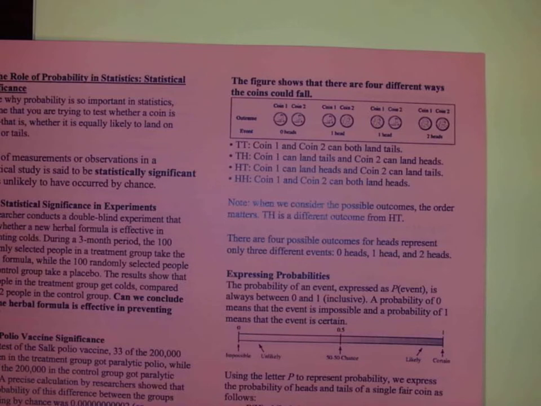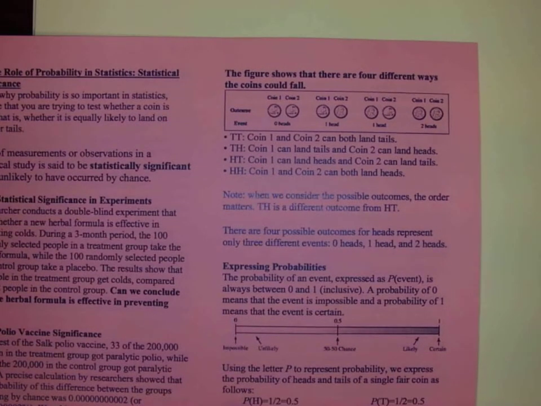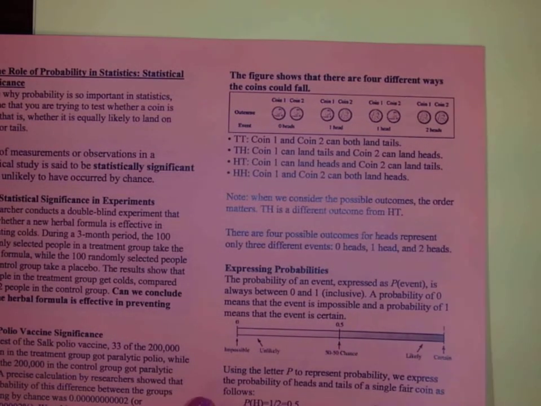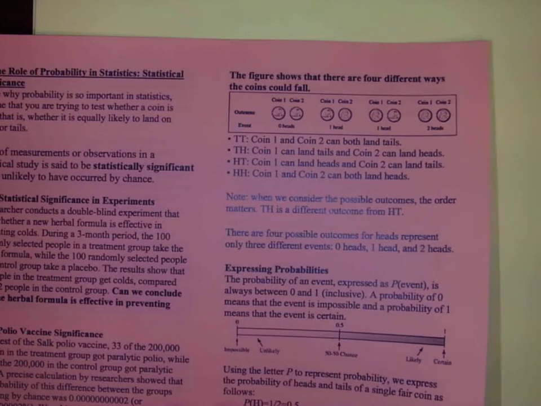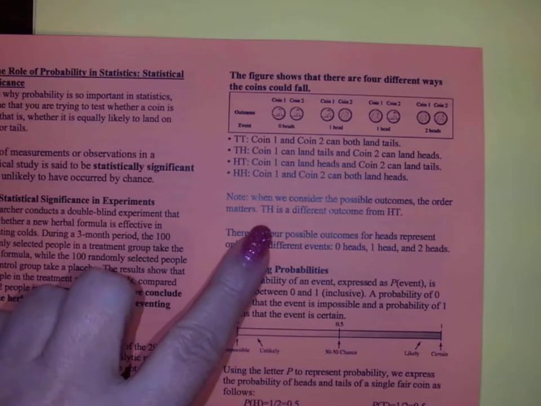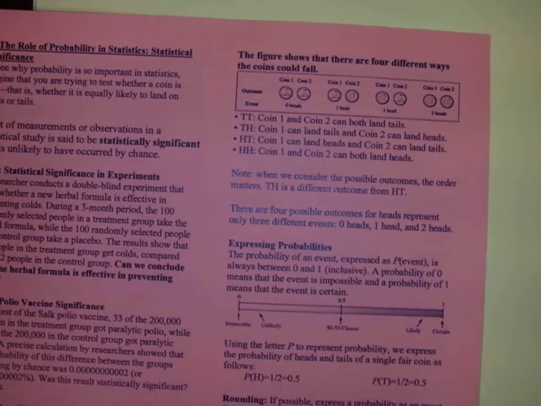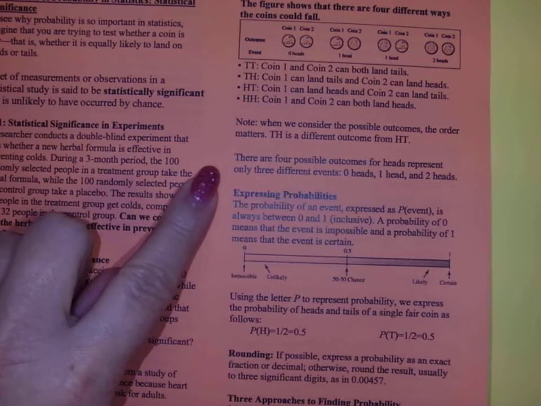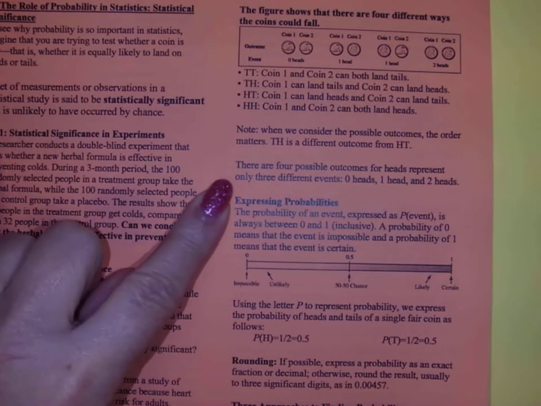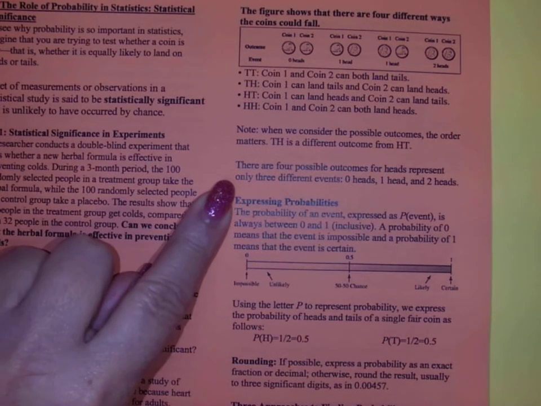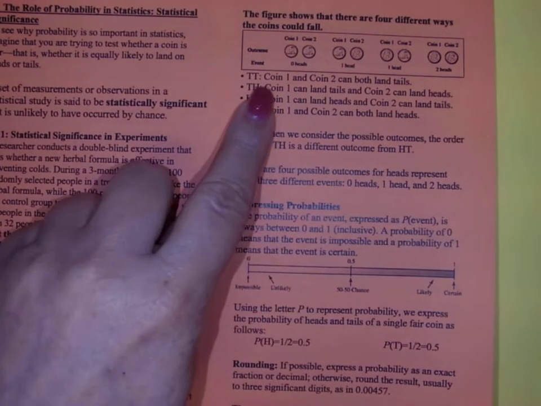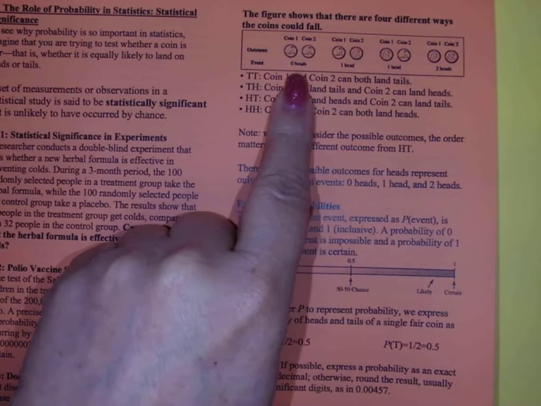Okay? All right. So when we consider the possible outcomes, the order does matter. Like I've said, I'm going to repeat it several times because it's really important you understand that. So tail-head is different from head-tail. There are 4 possible outcomes, but they represent only 3 different events.